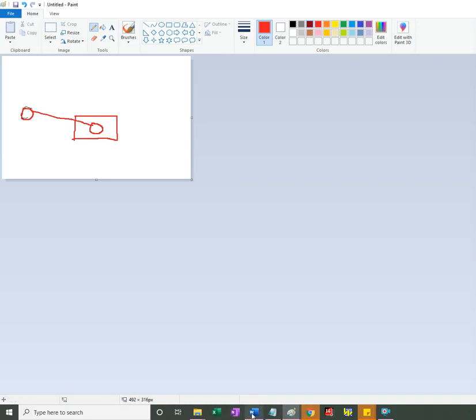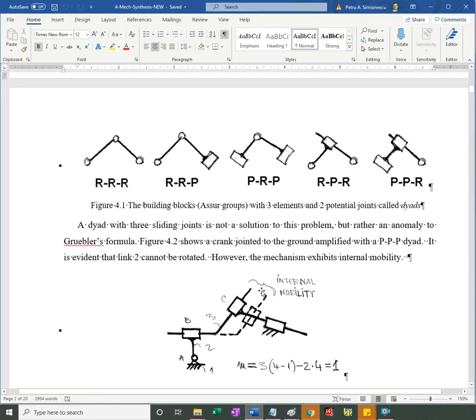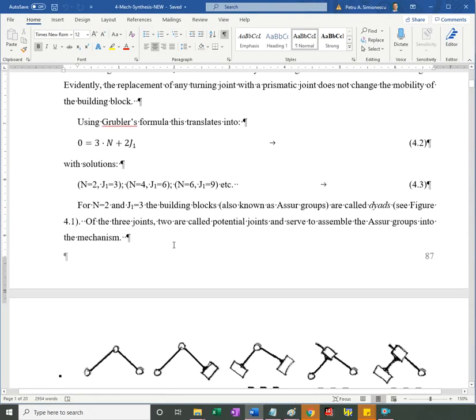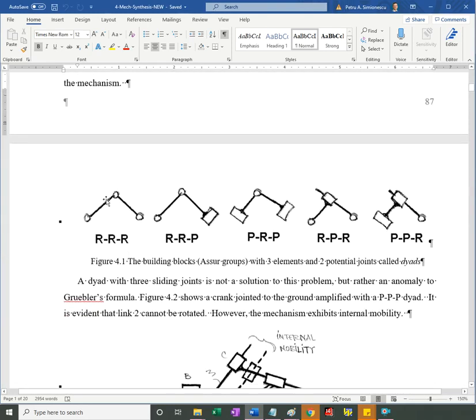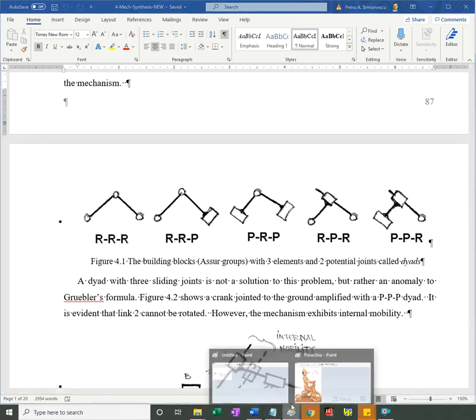Okay, so building blocks are helpful because you can formulate linkages faster, and then you don't need to check Grübler's formula all the time.